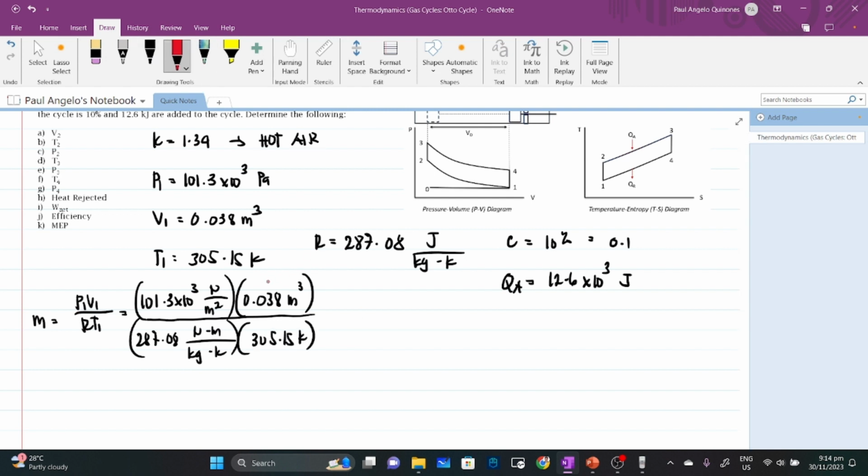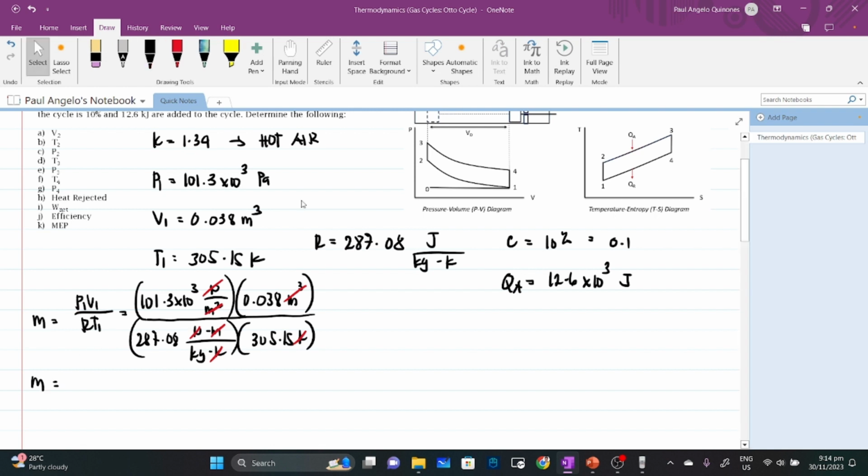If you perform dimensional analysis, Newton will cancel out, Kelvin will cancel out, kilogram will be retained, and meter squared, meter cubed, and meter will cancel out, leaving us with kilograms.